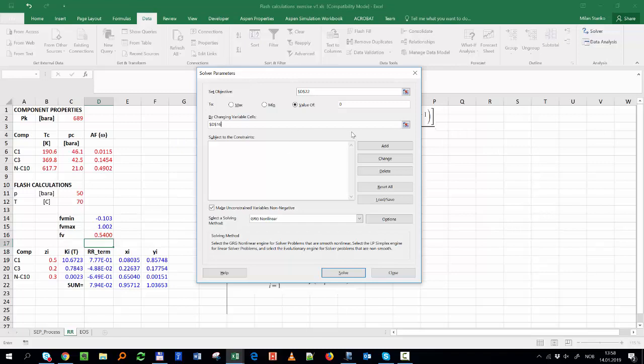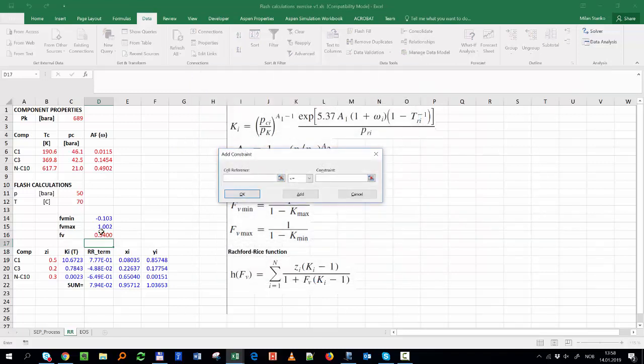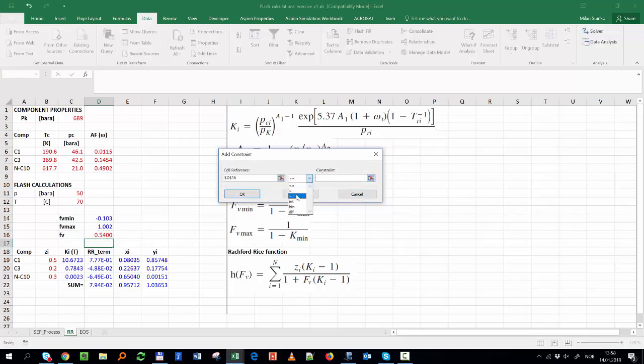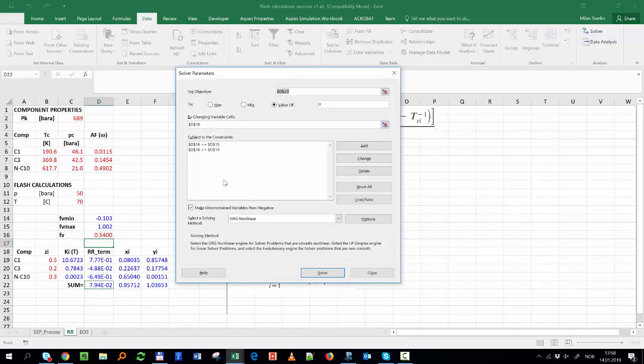So I come here and I say FB has to be smaller than this one. Add one more, and this one has to be bigger than this one. And then I try to solve.